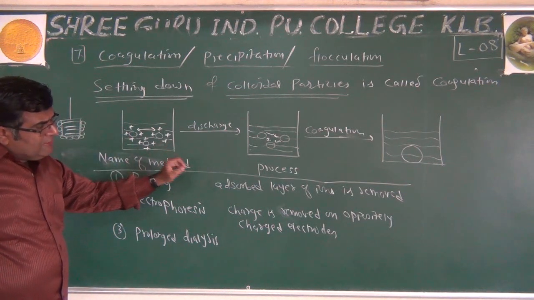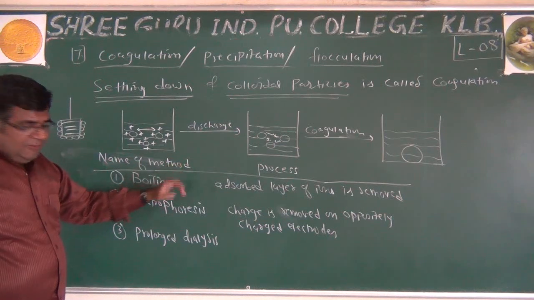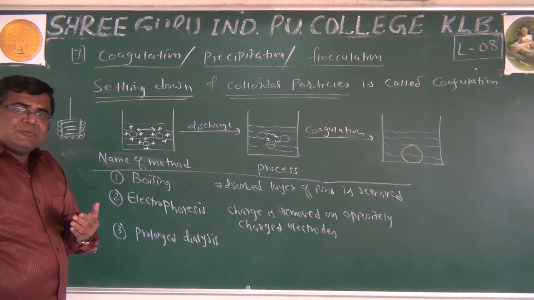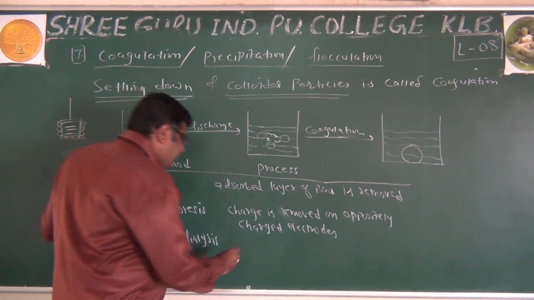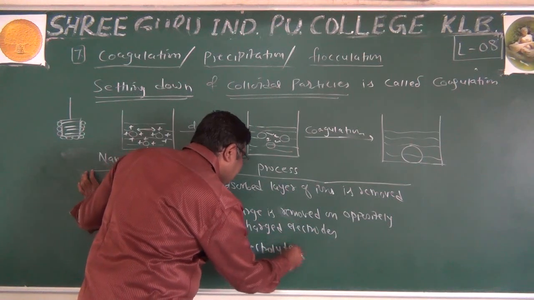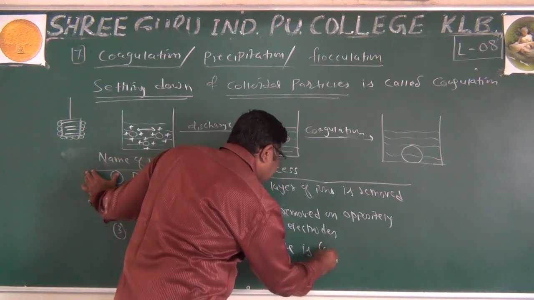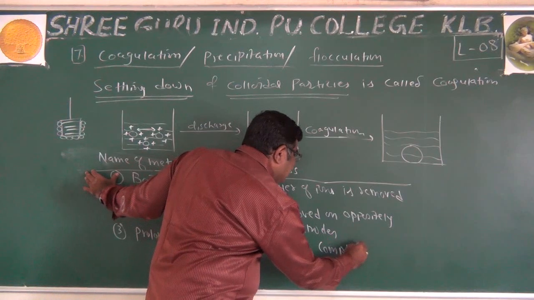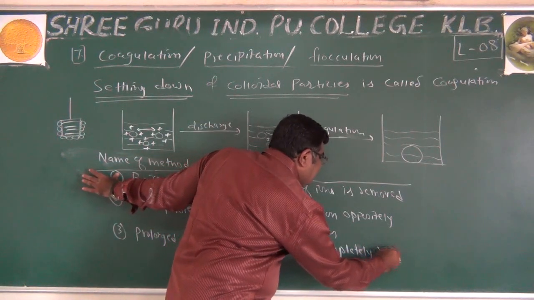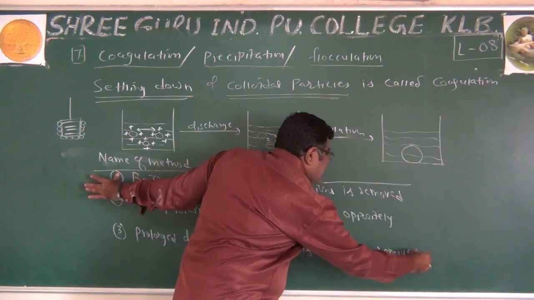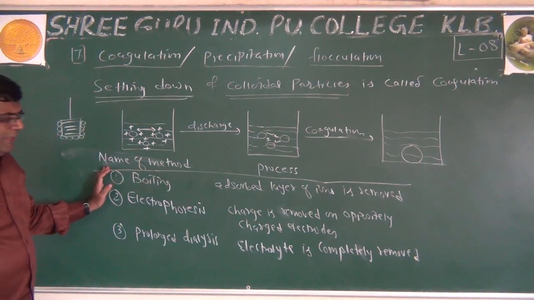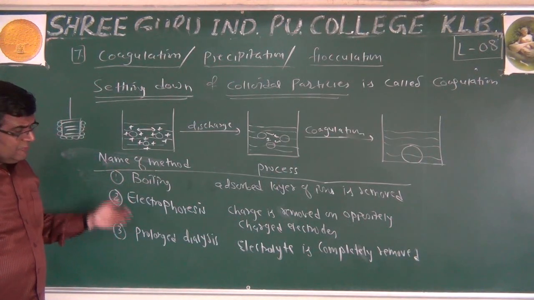A trace amount of electrolyte is needed for its stability, but on prolonged dialysis, all the electrolyte is completely removed, and if electrolyte is not there, it will not give charge.